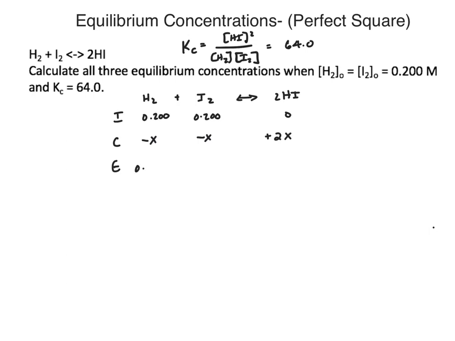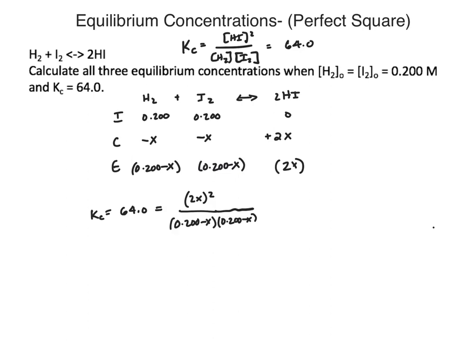And then we subsequently go ahead and write out what our concentrations at equilibrium should look like. Okay, so now that we have these values here in the equilibrium row, we can go ahead and plug them into our equilibrium expression.